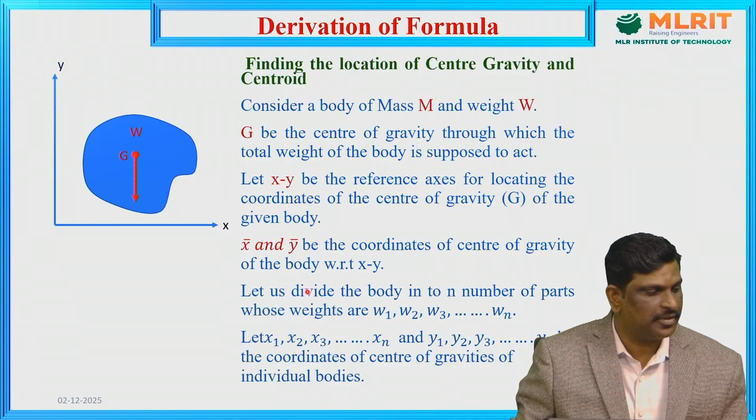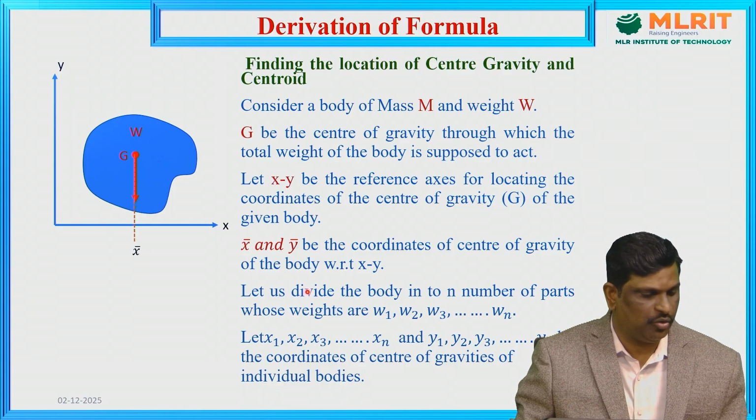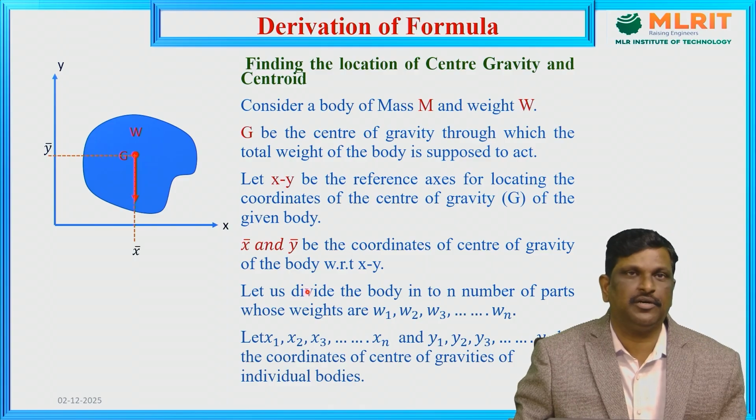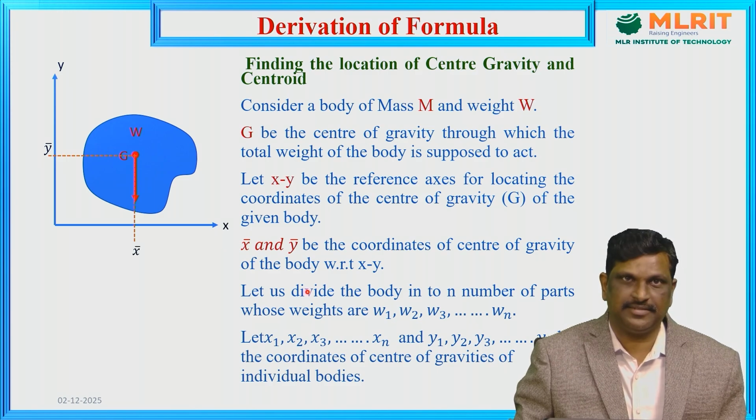See, x bar is the distance of the center of gravity from the origin measured along the x axis, and y bar is the y coordinate of the center of gravity measured along the y axis.